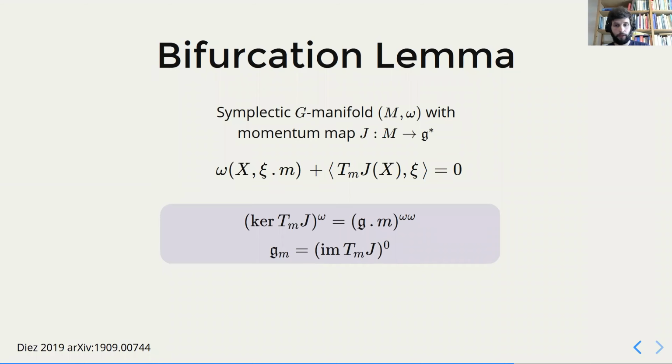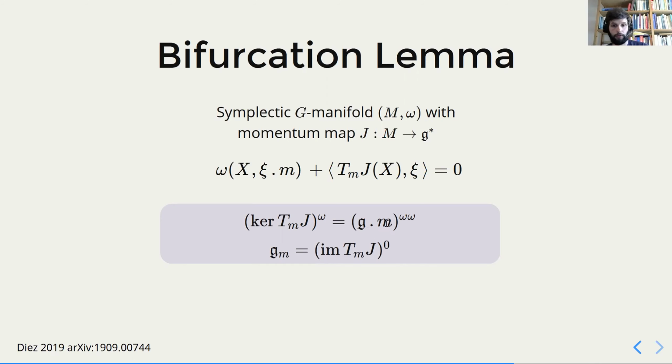And then if you look long enough at this equation, you see that there are the following relations, namely that if you take the orthogonal of the kernel of the momentum map, then this one is given by the double orthogonal of the symplectic orbit of the Lie algebra.